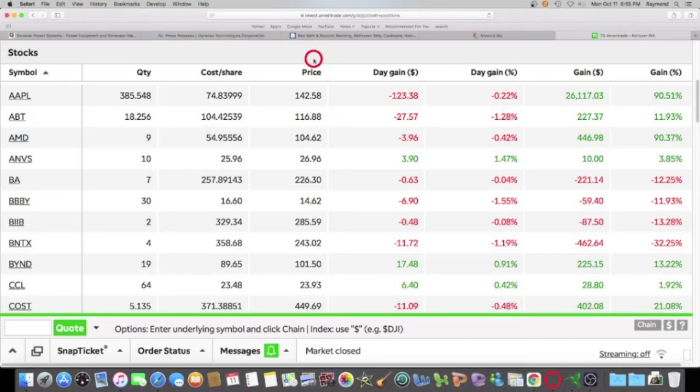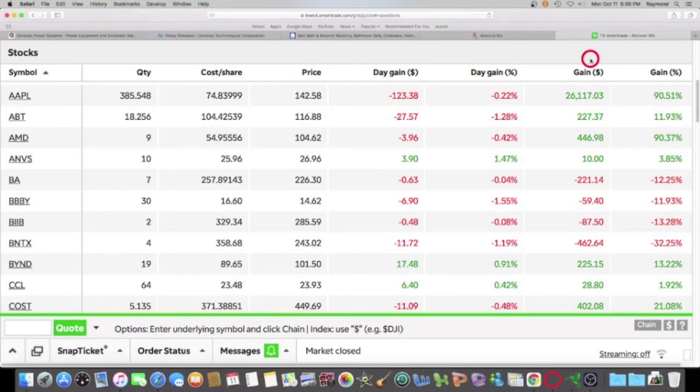Price. This is the price that the stock is at right now today. Day gain $. This is how much money I made or lost today. Day gain percent. This is how much money I made or lost today in the percentage. This is gain $. This is how much money I've made since I've owned the stock.